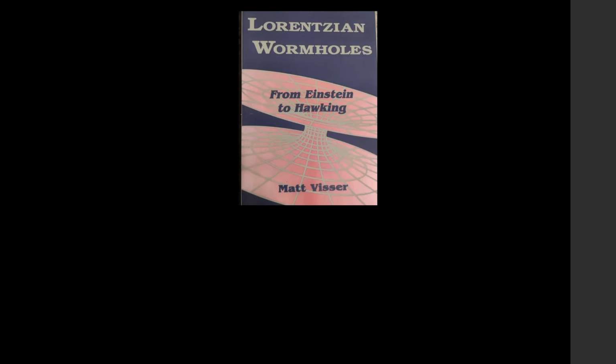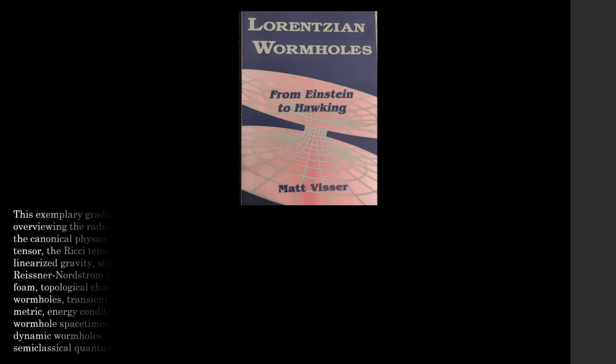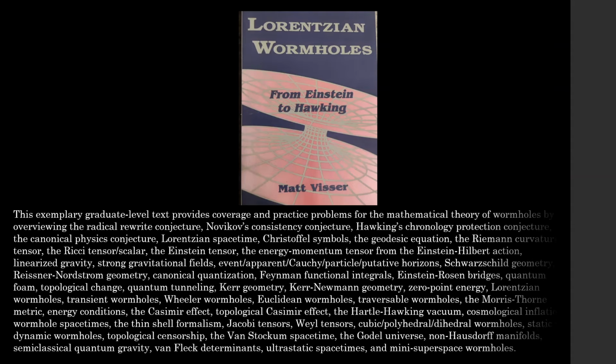We have Visser's Lorentzian Wormholes from Einstein to Hawking. This is a mathematical physics textbook on modern wormhole theory. So this starts off with overviews of basically the conjectures regarding black hole theory, such as Hawking's chronology protection conjecture, Novikov's consistency conjecture, the radical rewrite conjecture.